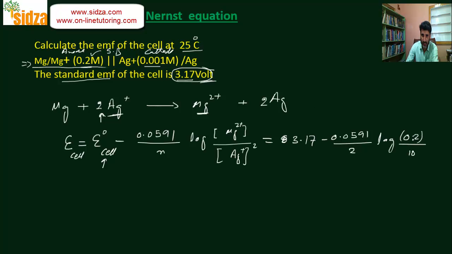So I can say it is 10 to the power negative 3, and then this is squared, right? Square here. So we can further simplify this equation.